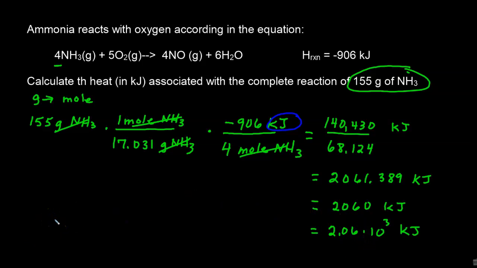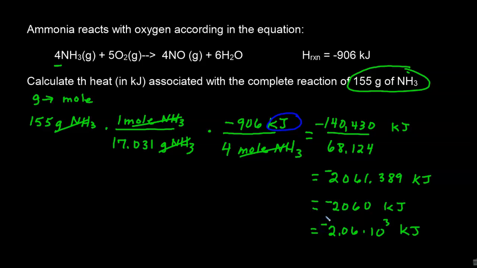Okay, so that is an example of how to go from grams to the amount of heat energy associated with a reaction. Again, it is fairly straightforward and fairly easy. I did forget one thing on here because I dropped my negative. I apologize for that. So it is a negative value.